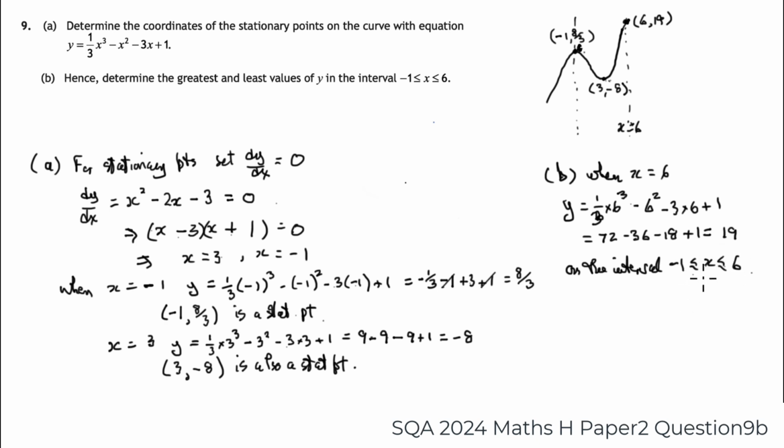The equals are important because we're allowed to say that it's actually equal to 8/3, and the maximum 19, it's actually equal to that when you put x equals 6 in. So on the interval negative 1 less than or equal to x less than or equal to 6, maximum value is 19. The minimum value is negative 8.